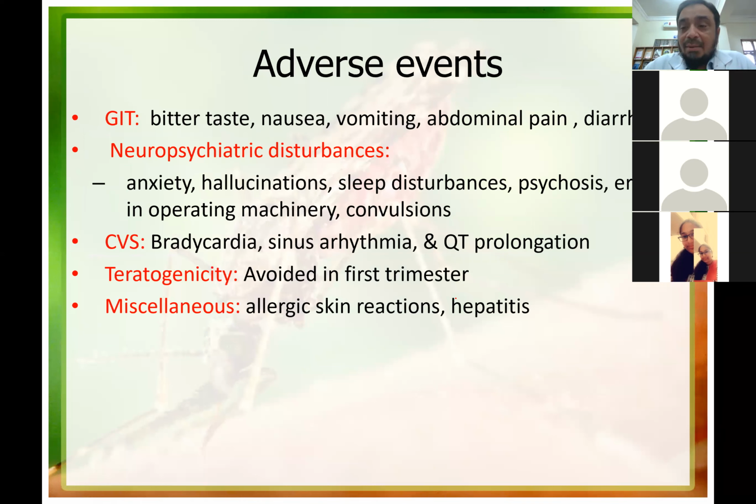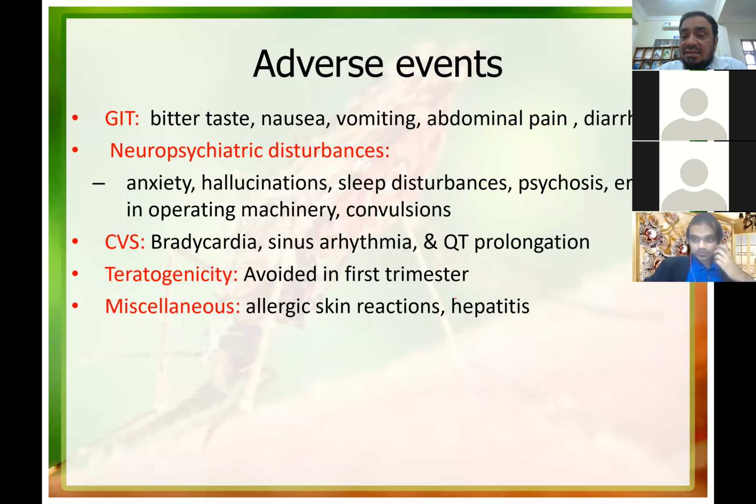Now the important thing about mefloquine is its adverse effect. It has a lot of adverse effects, and the most important ones are the neuropsychiatric adverse effects, like it can cause anxiety, hallucinations, sleep disturbances, and it can cause dizziness or ataxia, disturbed positional sense, and also it can cause difficulties in operating the machinery.